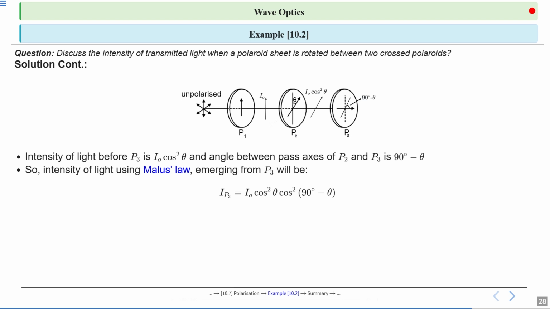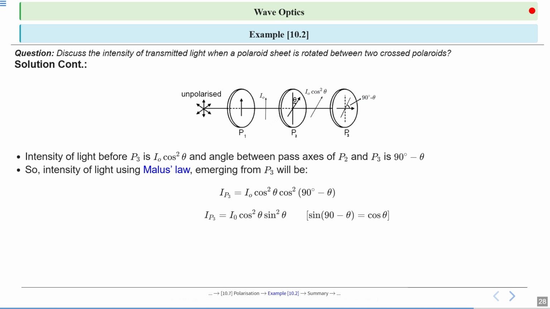So I naught cos square theta cos square 90 minus theta. Again Malus law is applicable. If there is one more Polaroid, we will apply Malus law again. This equation shows us how the intensity depends on both the initial intensity and the angles involved.